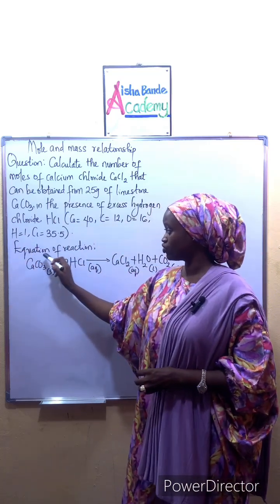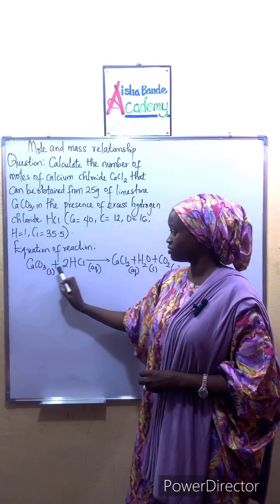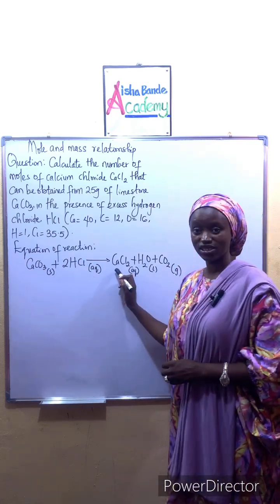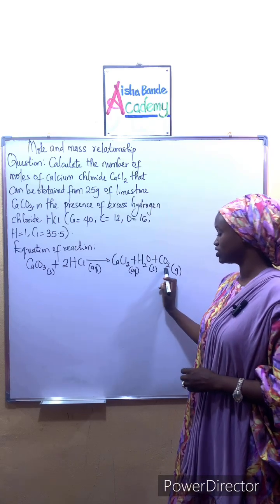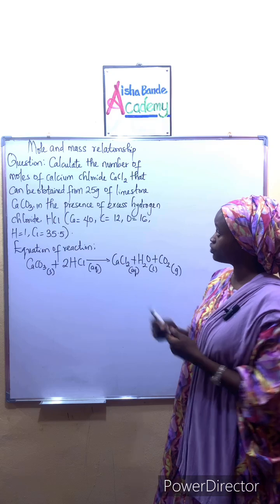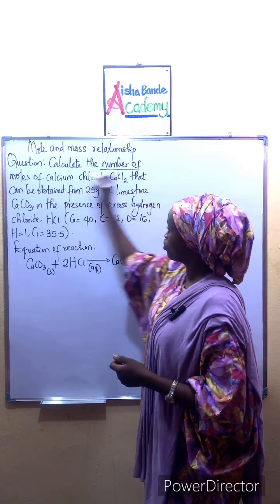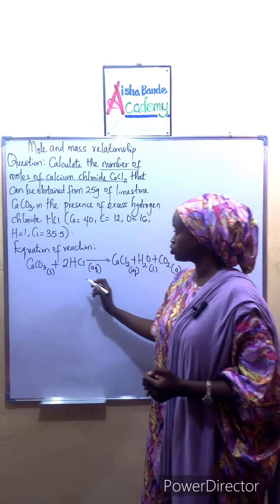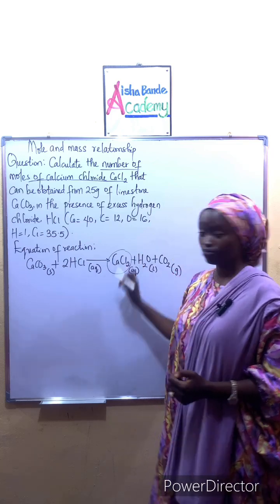And also we're given the equation of the reaction, CaCO3 plus 2HCl as the reactant, and the product which has CaCl2 plus H2O plus CO2. So what we're required to do in this question is for us to calculate the number of moles of calcium chloride, that is CaCl2. So that is at the product side.